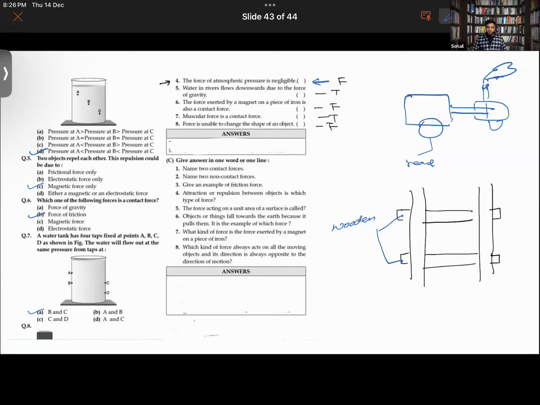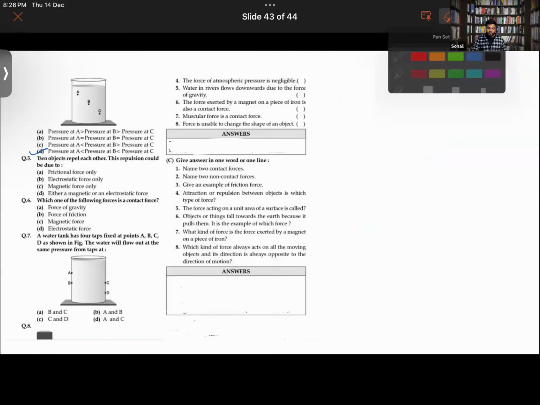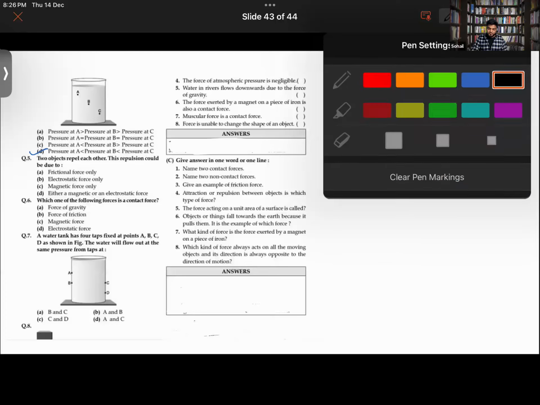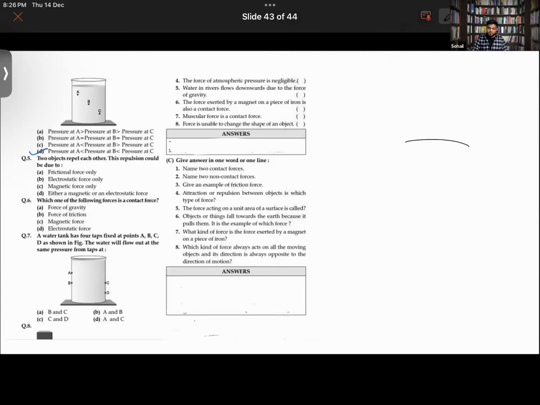Tell me one more thing. I have taken an inflated balloon and placed it in a jar, right? Let's say it is connected to an evacuating pump.